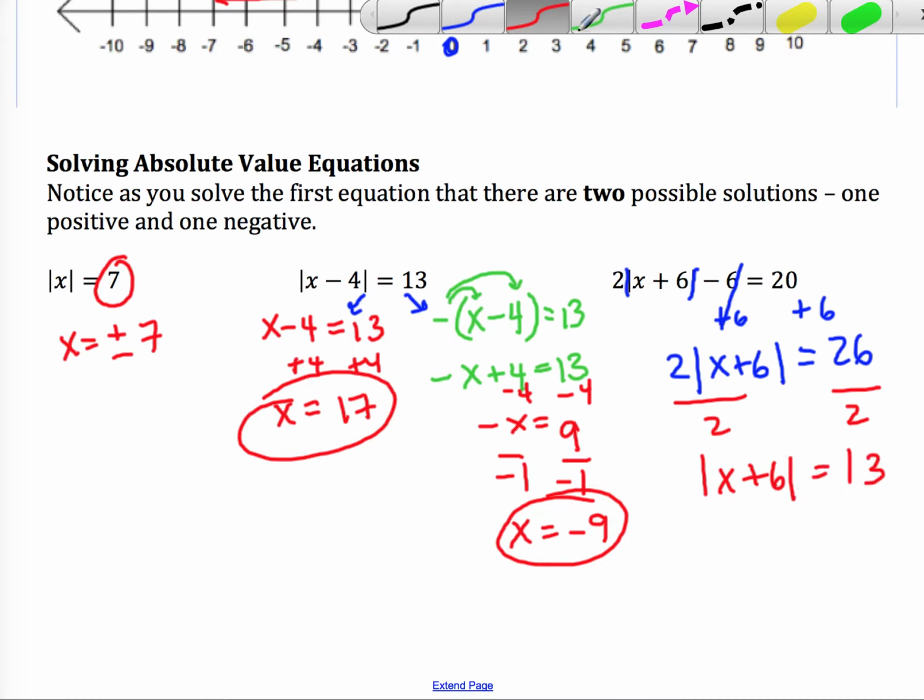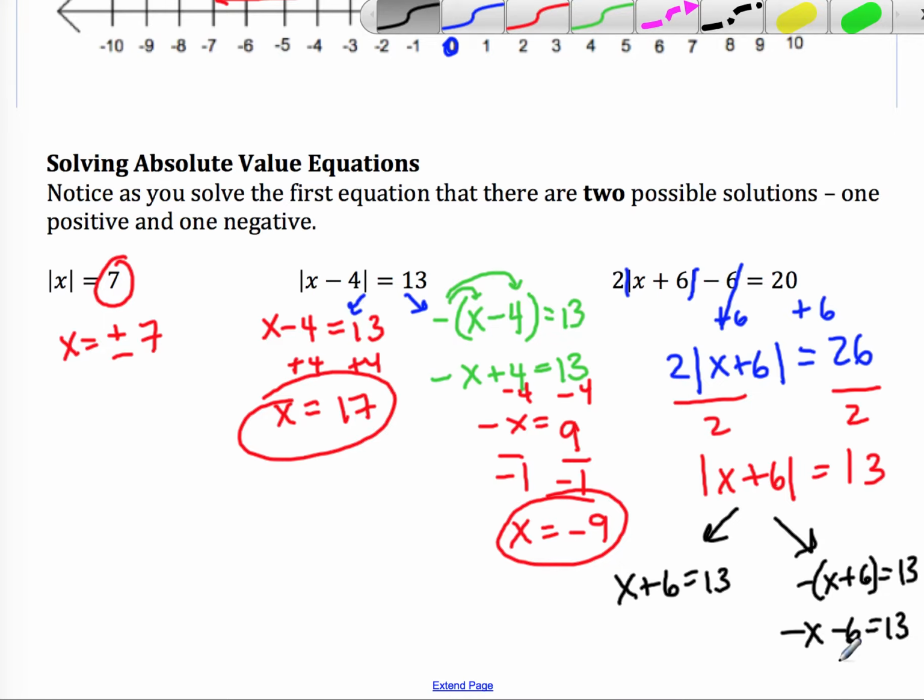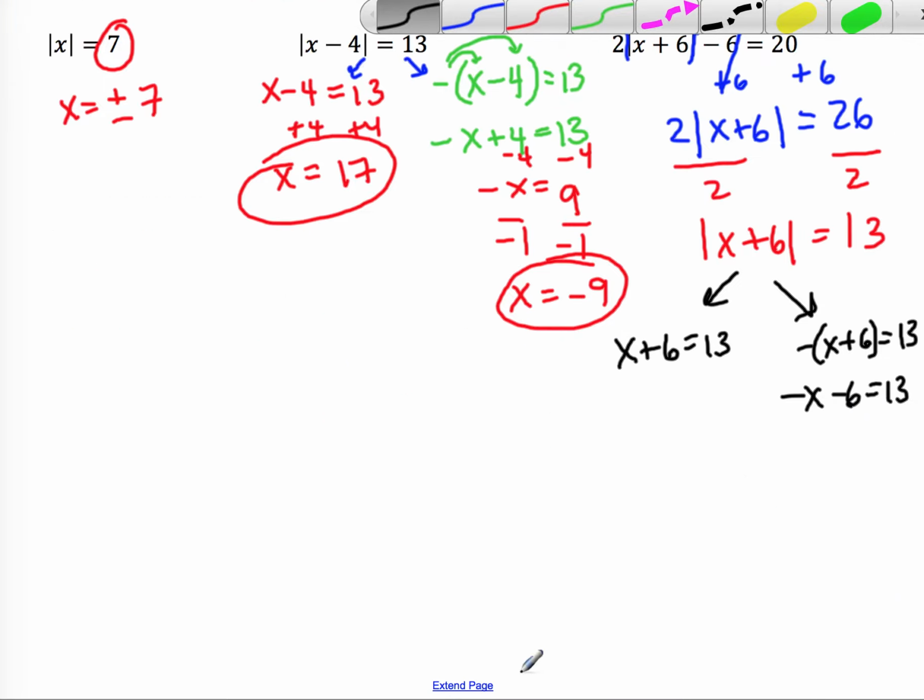Now that our absolute value is isolated, we can do the split. So you have the positive solution, x plus 6 equals 13, or the negative solution, negative x plus 6, or negative x minus 6 without the parentheses, equals 13.